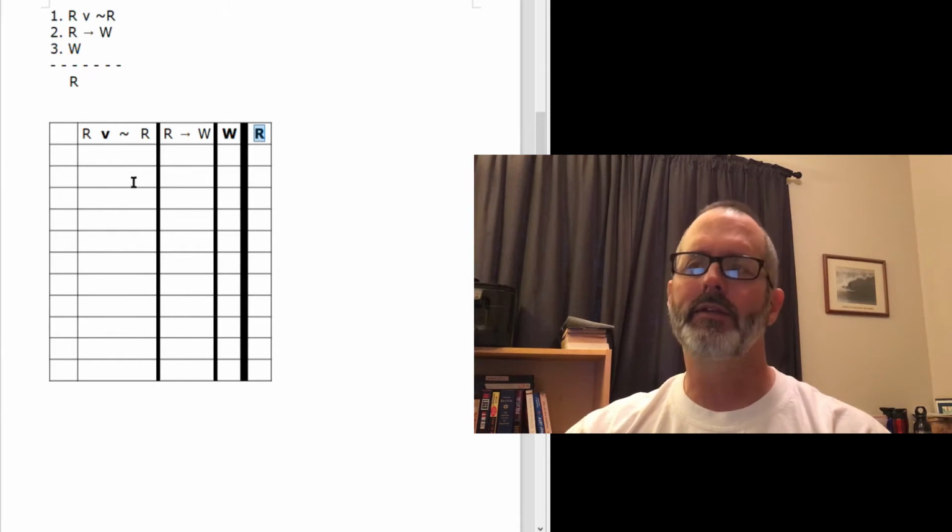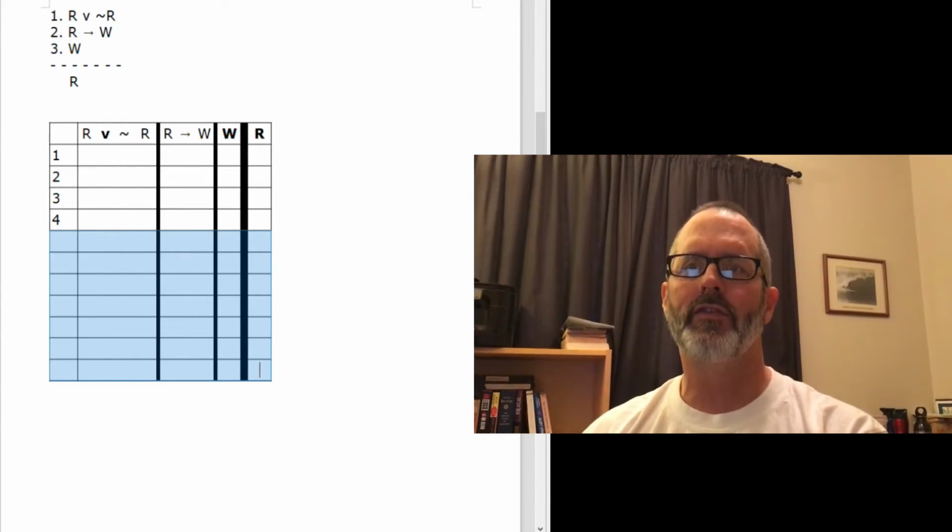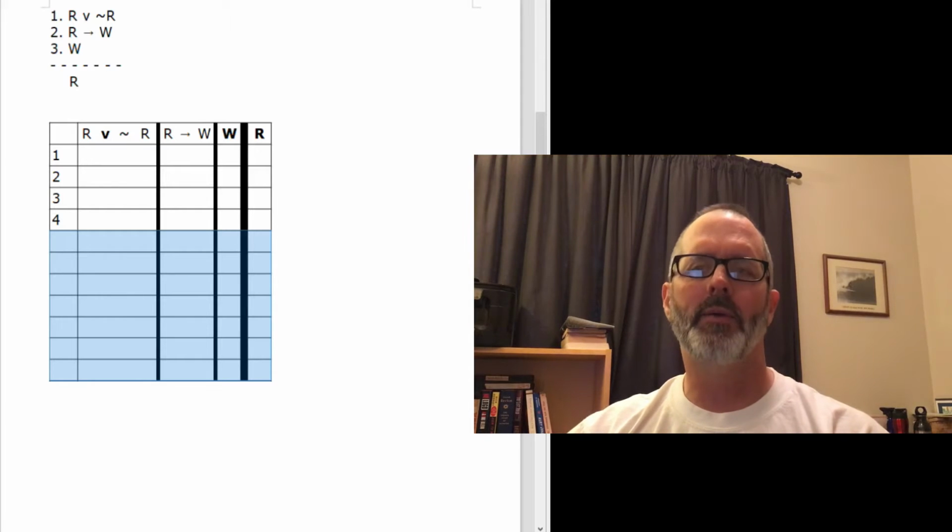Again, we can look up at our rules. We determine the number of rows you'll need, and I gave you that little chart. Or we could use 2 to the n. I count up my number of sentence letters. How many different ones are there? There are 2. So I know I am going to need 4 lines in my table. I'm going to need 4 different truth possibilities.